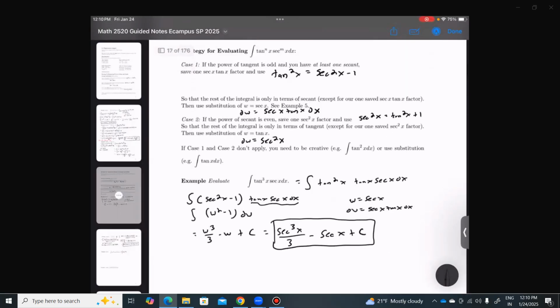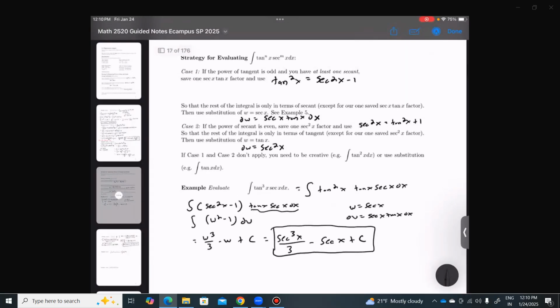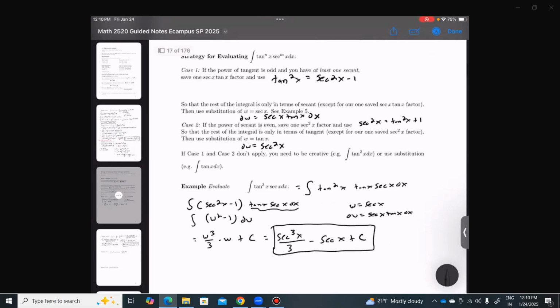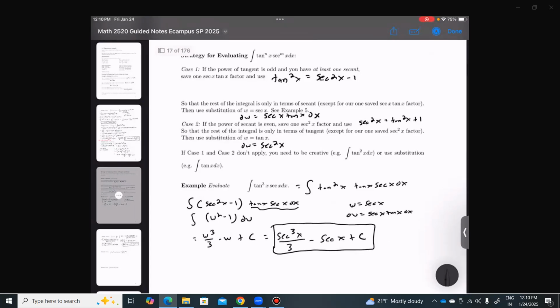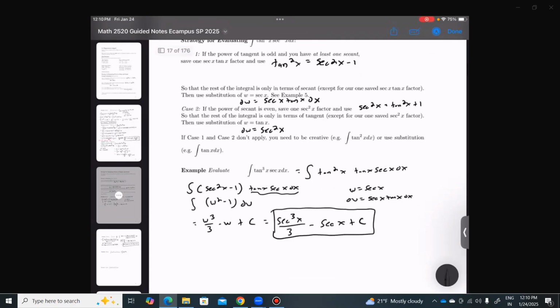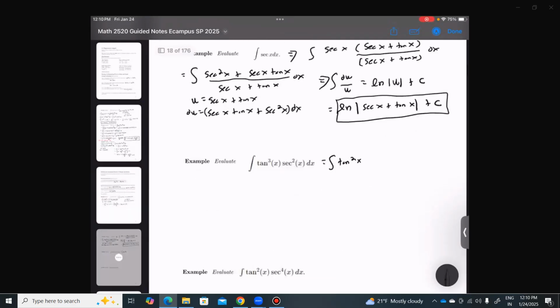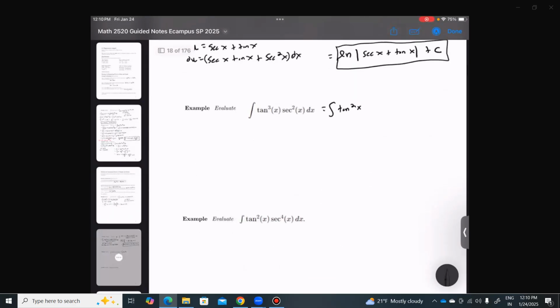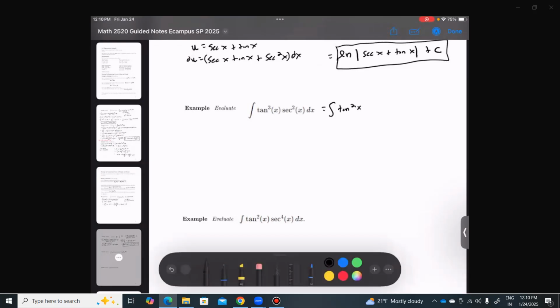Trying to think of the best way of doing this because secant is even also. So I think the best way with this, actually, is not going to be that way. That's going to get really complicated.